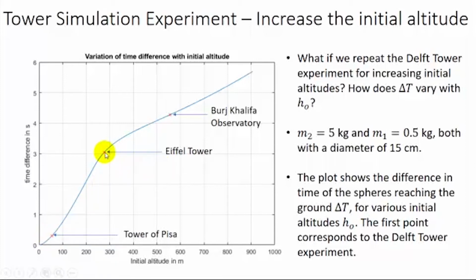If the experiment is conducted, let's say today, or in the late 19th century from the Eiffel Tower, let's say from a height of approximately 280 meters, the time difference of the balls reaching the ground would have been approximately 3 seconds.